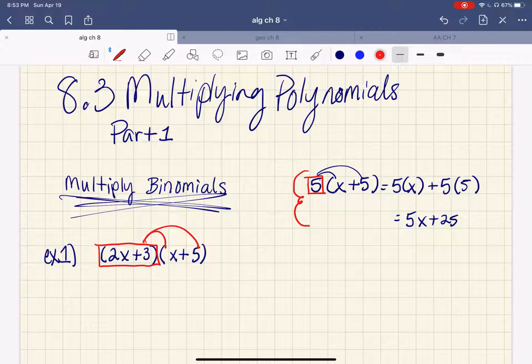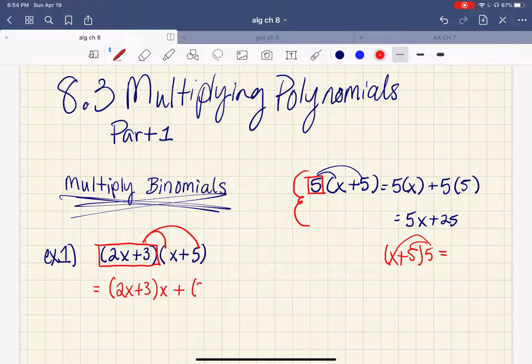So what's that going to look like? Well, I would have 2x plus 3 times x, which is a legal move. We can have x plus 5 times 5. That's the same distributive property like that.